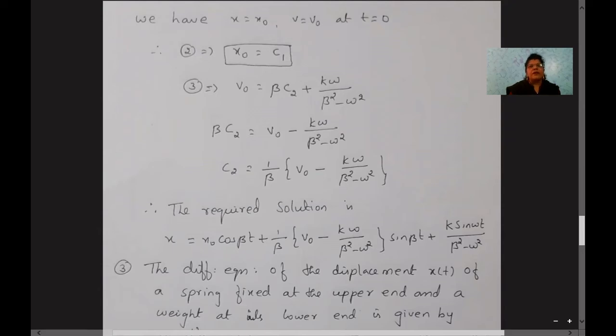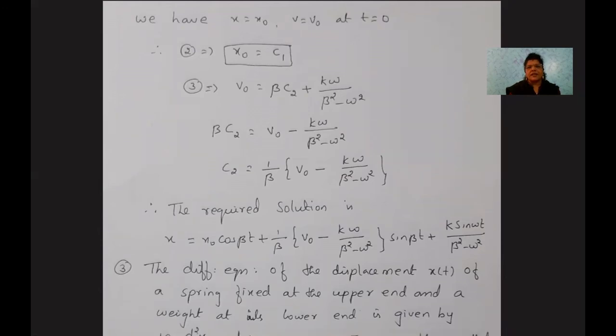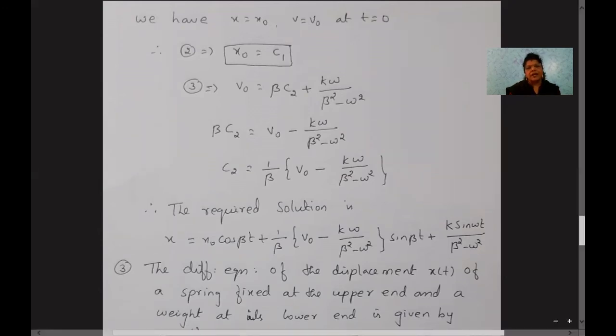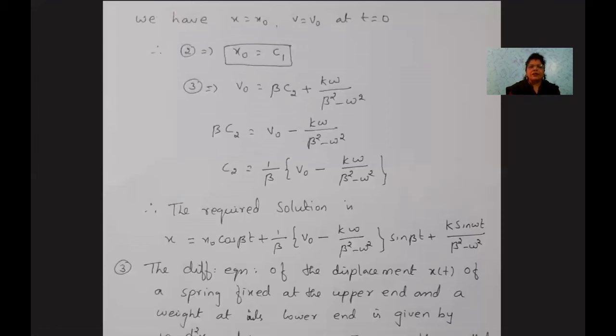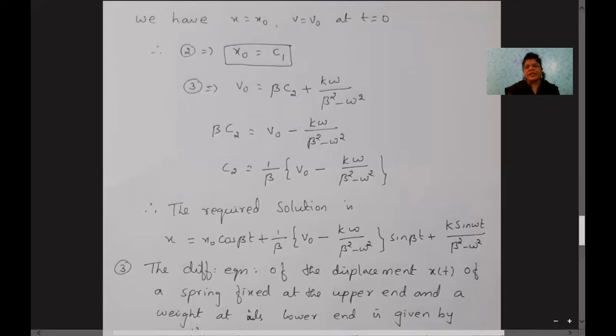Same, when you apply v is equal to v naught, when t is equal to 0 in equation number 3, we will obtain C2 is equal to 1 by beta of v naught minus k w by beta square minus w square. Substituting the value of C1 and C2 in equation number 2, that is displacement, we will get the solution of the vibration of string for the particular problem.